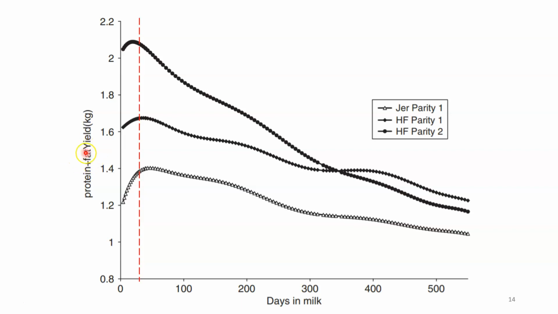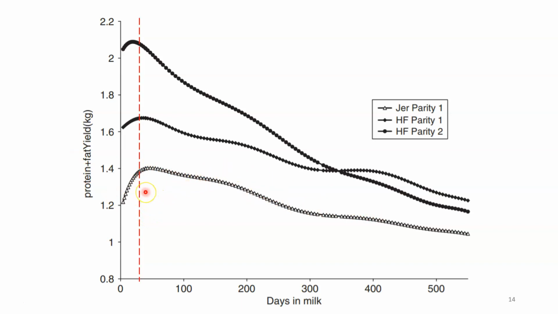We mainly look at fat, but then it's debatable whether the milk collectors actually look at the fat or the volume. That's a whole different story, which I'm not going to talk about now. But there are certain countries that look at the protein yield or the protein and fat combined yield, so they follow a similar pattern.